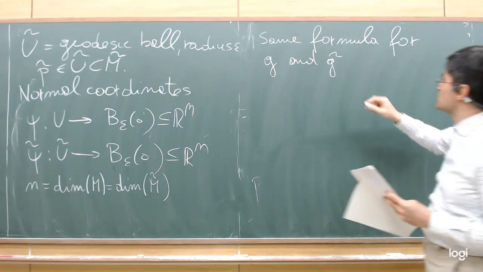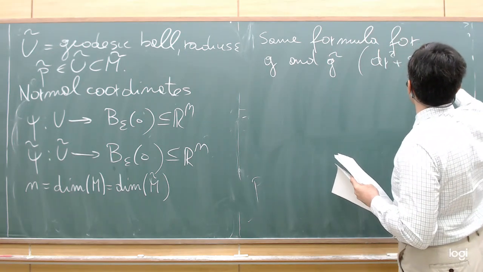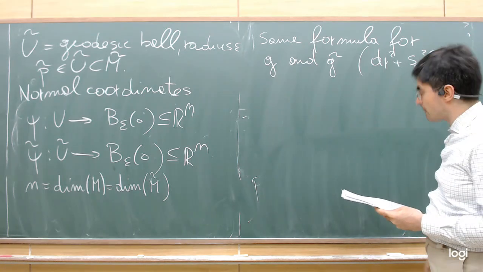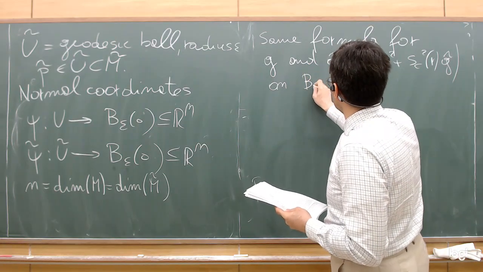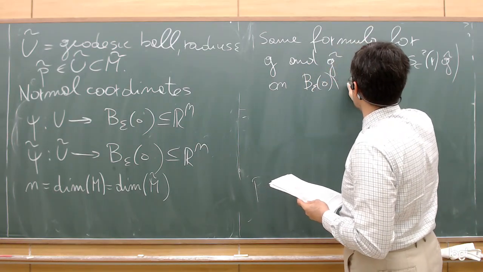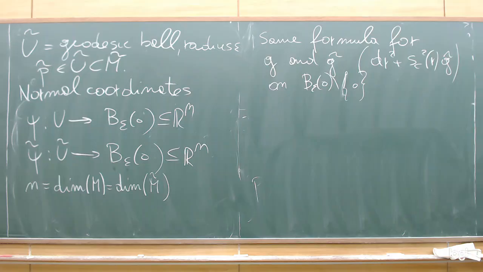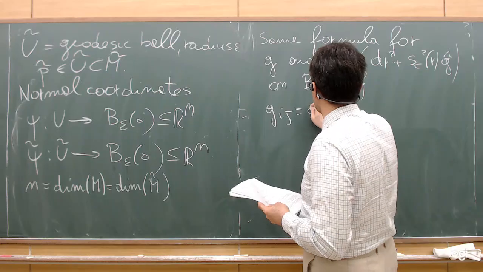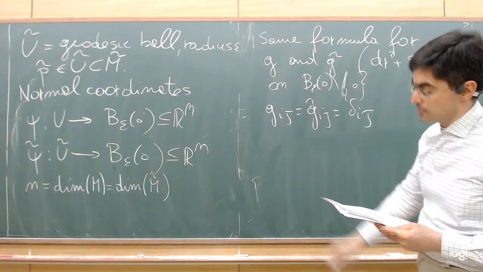It is dr squared plus sc squared r g hat on B_epsilon(0) minus the origin, and at the origin clearly this is true by construction.